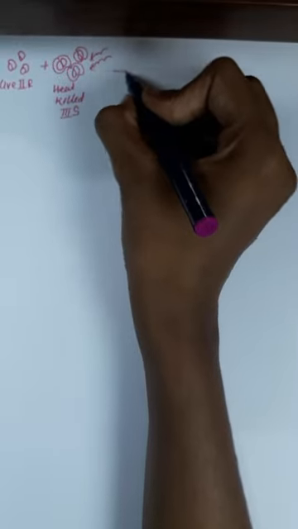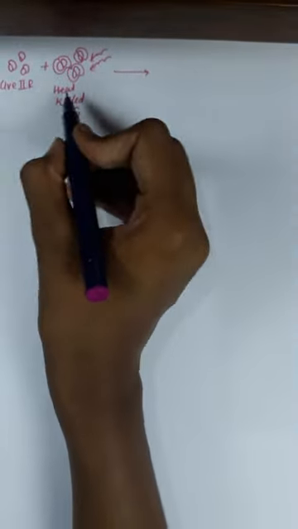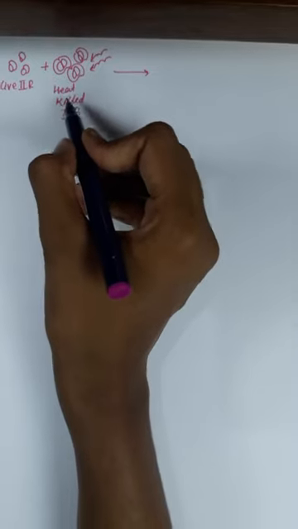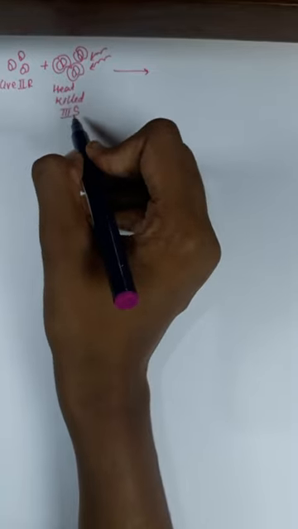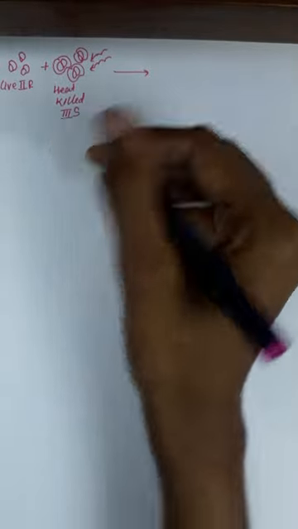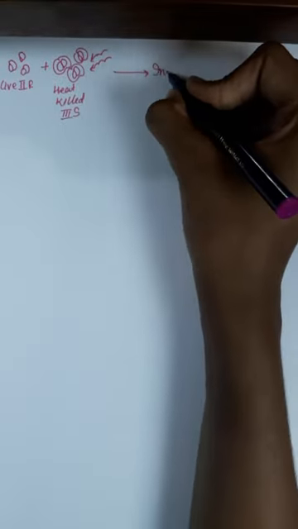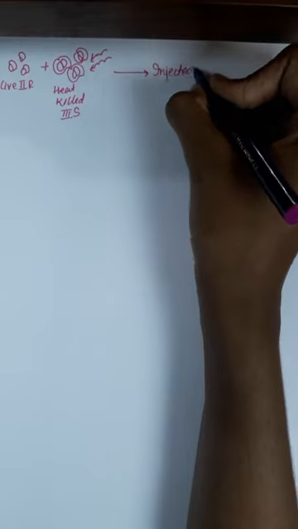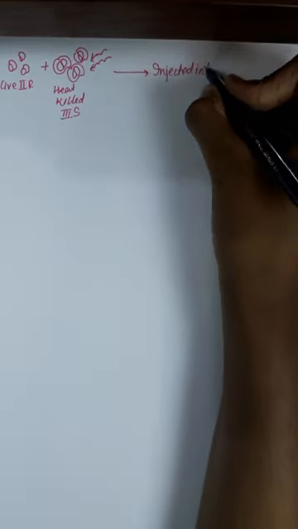When this mixture of live 2R and heat killed 3S was injected into the mouse, the mouse died.